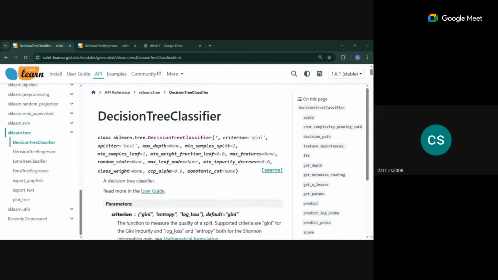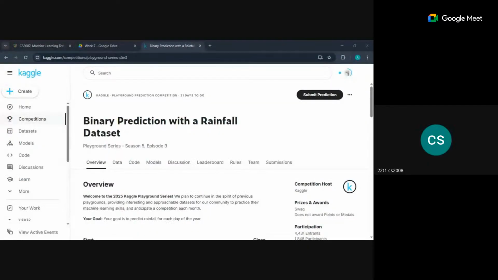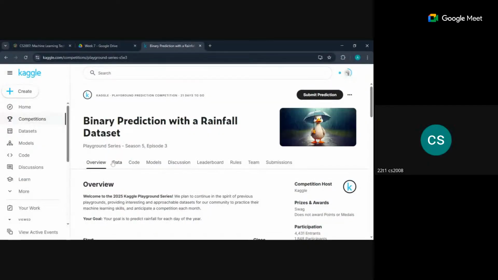coding. Let's continue with the same previous competition that we were working on. So let me just present the other screen. Okay.